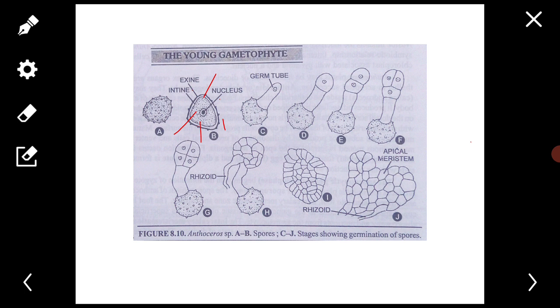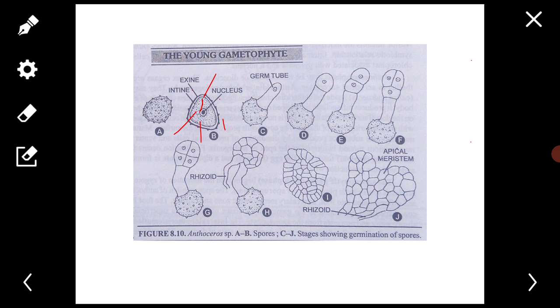In some species it is yellow, example Anthoceros himalayensis, and in others it is brown to black, example Anthoceros erectus. Each spore contains a single haploid nucleus, that is this, a colorless plastid, oil globules and food reservoirs.